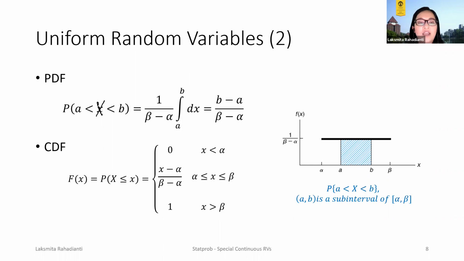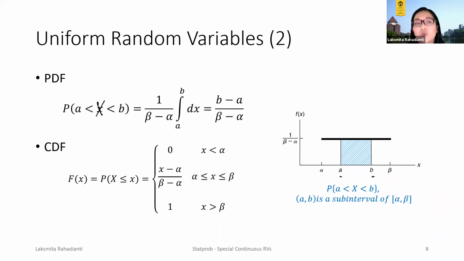And thus, if I integrate it, I obtain B minus A, which are the limits between which we are computing, over beta minus alpha, which are the limits between which the uniform distribution is valid. So be careful. The symbols B and A are used to denote the limits in which we are computing the probability that our random variable is between A and B.